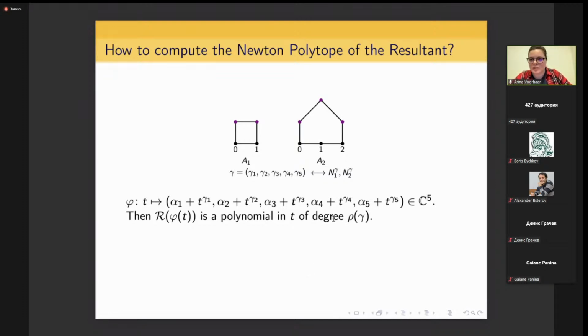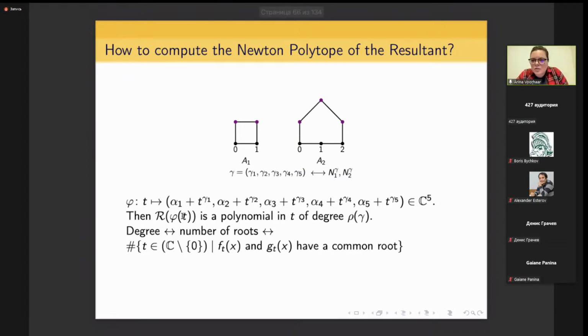So we need to find it, and we have this polynomial in one variable. So what can we do? Well, actually, we can remember that the degree of a polynomial is the number of its roots, counted with multiplicity, right? But it's still the number of the roots. So if, for this polynomial r of t, we can find the number of roots, then we win.